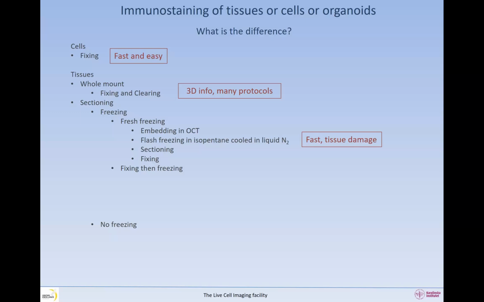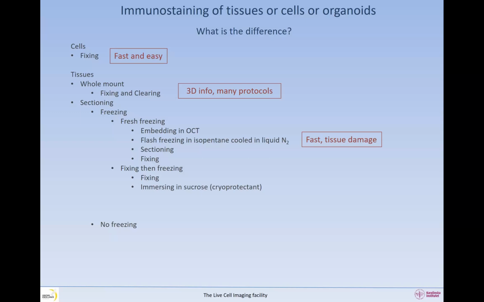The second way is to first fix the tissue, then immerse it in a cryoprotectant like sucrose, which will prevent the water molecules from forming destructive crystals during the freezing process. So this actually helps quite a lot to preserve the tissue structure.